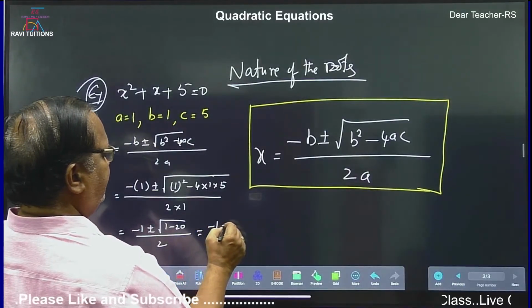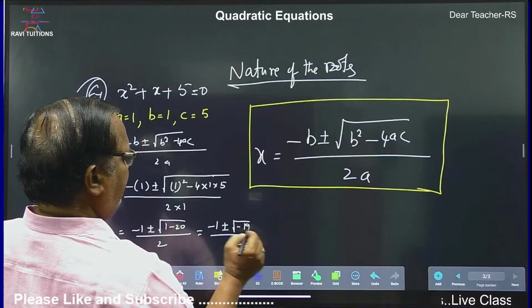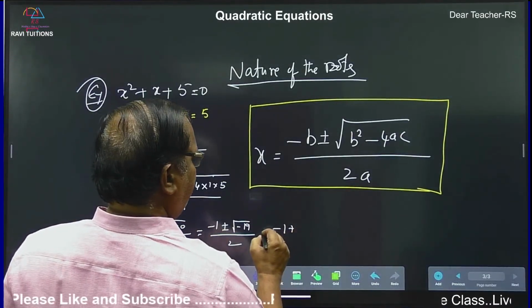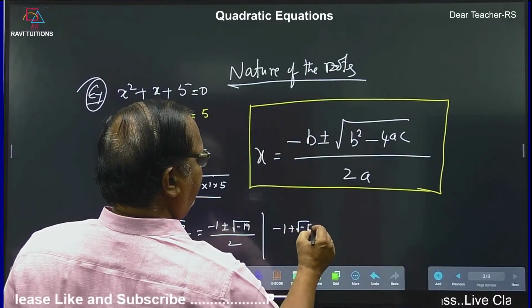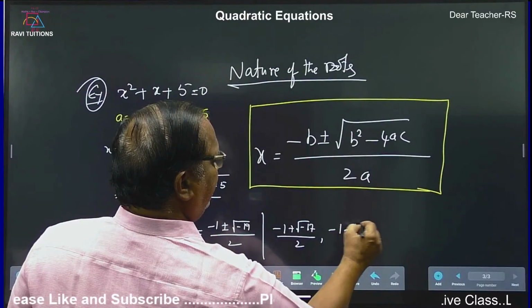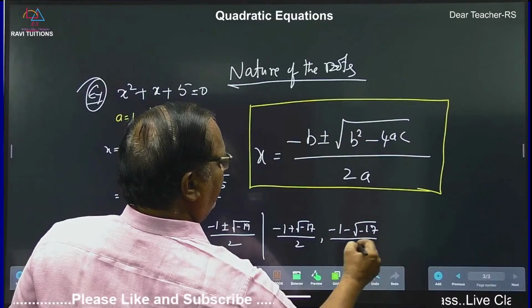So minus 19 by 2. So the roots are (minus 1 plus or minus √19) by 2, this is one root, and minus 1 minus √19 by 2 is the other. Now tell me what is the nature of these roots?